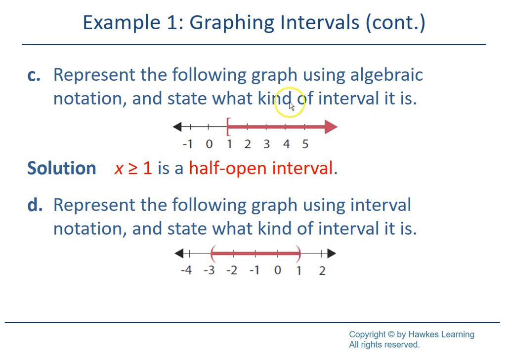Now, for this next one, it says this represents half open interval, and this represents half open because the infinity out here has a parenthesis. This has 2 parentheses, so this is referred to as an open interval.